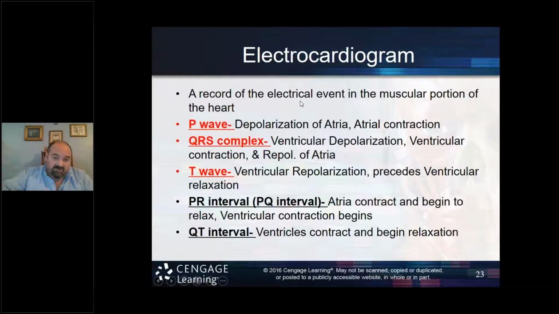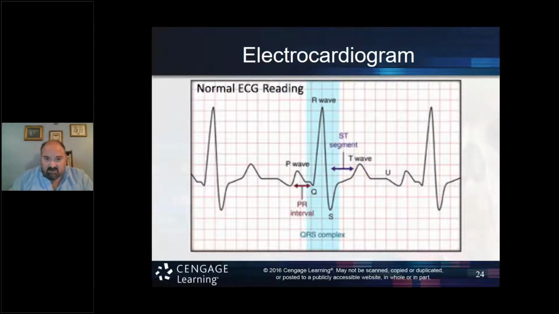So action potentials are being produced, and you'll have depolarization taking place at the P wave, right? And then you're going to have contraction taking place at its peak. So during this P wave right here, you'll have that taking place.